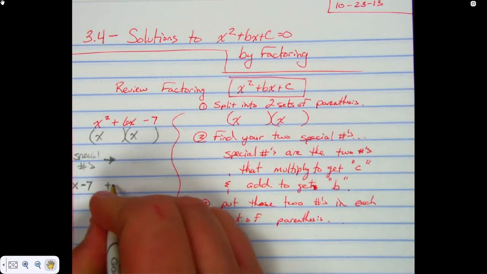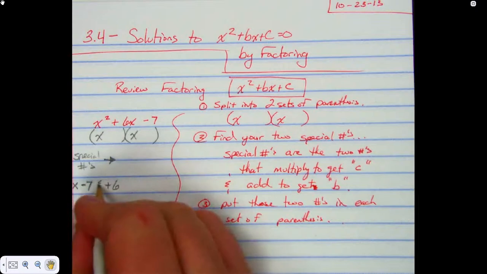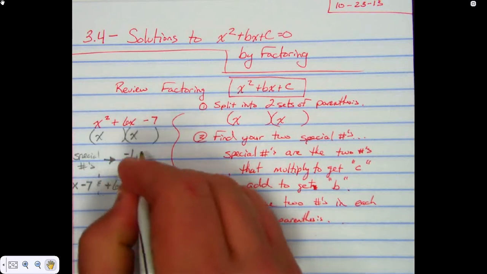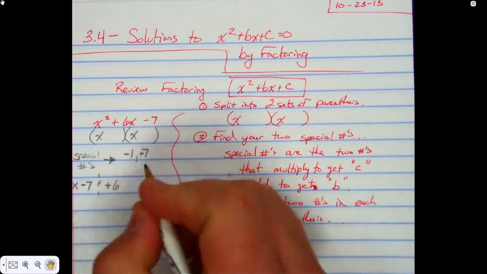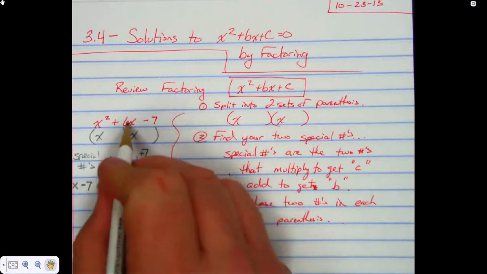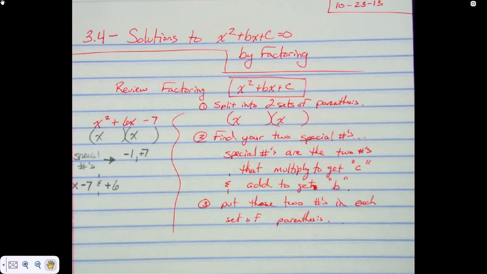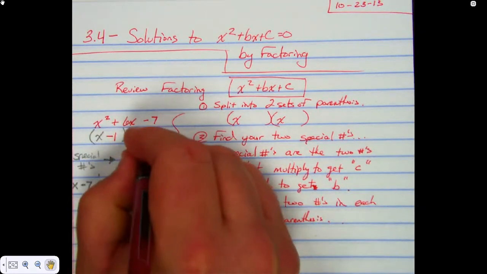And add to get what? A positive 6. What numbers would that be? -1 and 7. -1 and a positive 7. Right? Because added together, they get a positive 6, and multiplied together, you get a negative. So what do I write inside the parentheses? -1 plus 7.